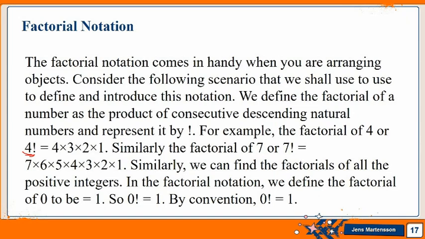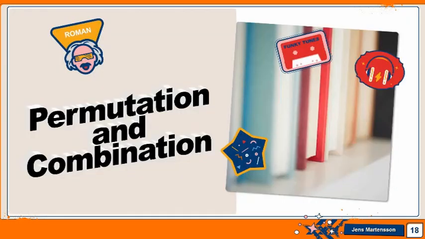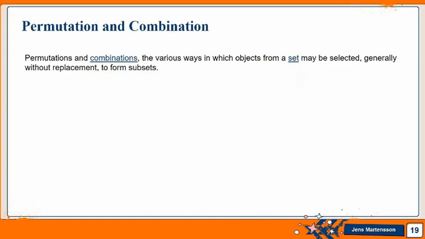So, next, we also have the permutation and combination. For permutation and combination, it states that these are the various ways in which objects from a set may be selected, generally without replacement, to form subsets. So, ano ibig sabihin natin dyan?